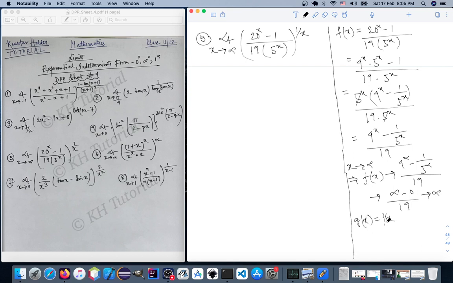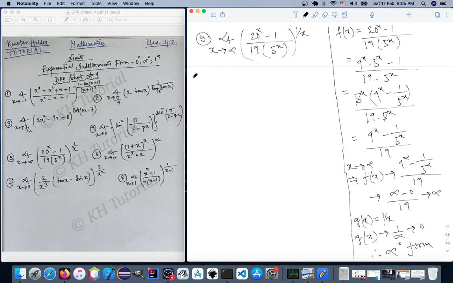So x is tending to infinity, so gx tending to 0. So the form is infinity to the power 0 form. In this case, we have to apply the general method for solving exponential indeterminate form.